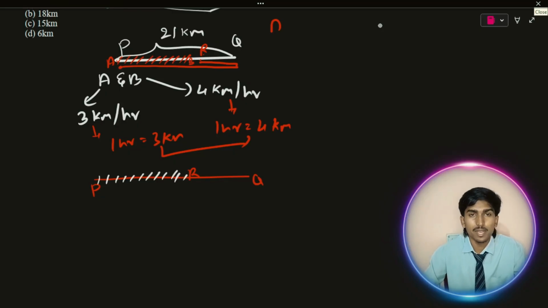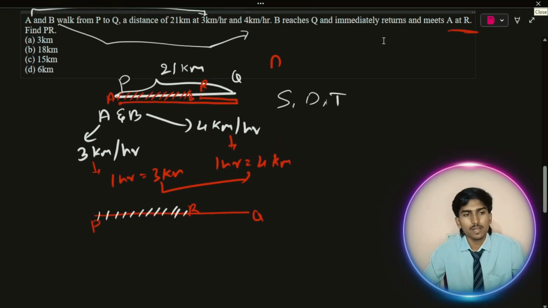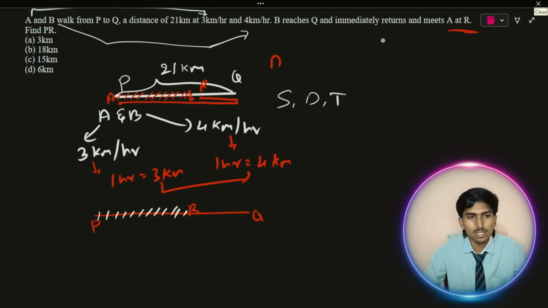So how can we find it? By finding which one is constant: speed, distance, or time. Is speed constant? No, because both speeds are different, 3 km and 4 km. Is the distance the same?